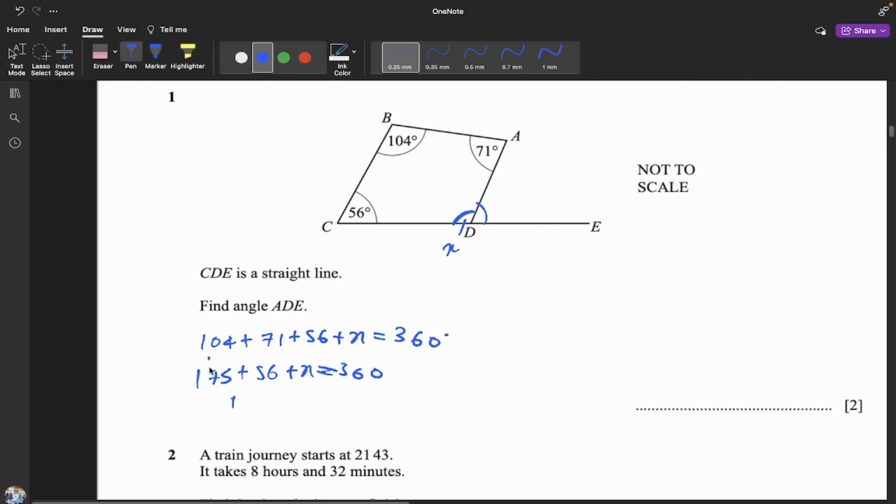So 231 plus x equals 360. So x equals 360 minus 231, which gives you 129.